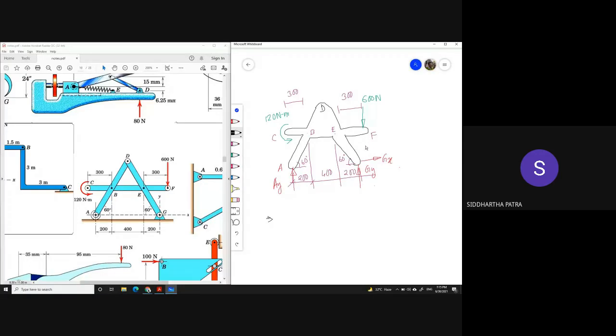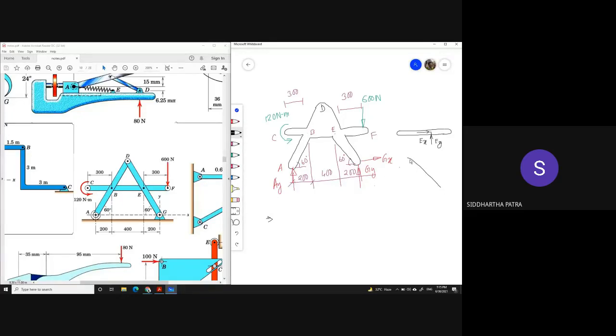So actually, that is what I have been talking about. I don't know whether you joined late or not. Now think of the member CF. I'm not drawing the complete free body diagram, but let's say it receives some EX and EY at E. But who provides that?